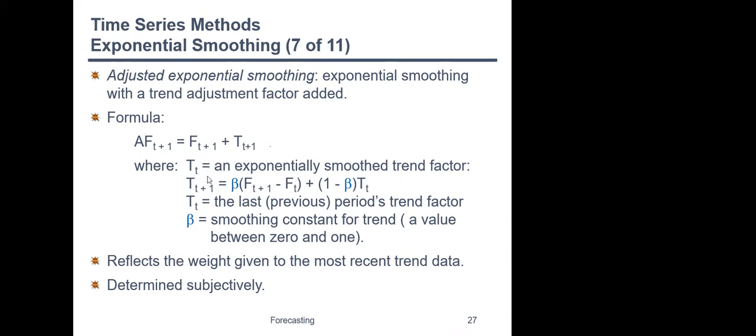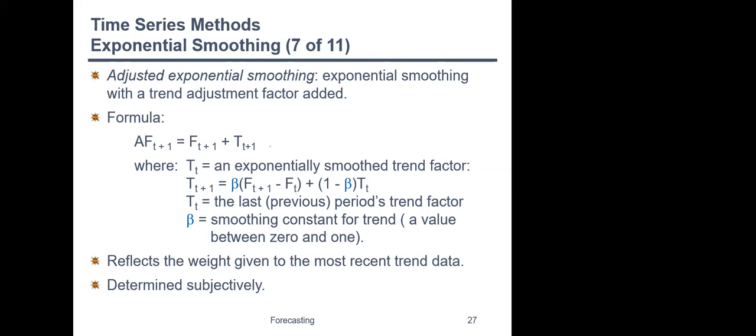So the T(T) there is basically known as the exponentially smoothed trend factor. And then the T(T+1), that's the smoothed trend factor for the next period, is giving us beta into bracket F(T+1) minus F(T), plus 1 minus beta into bracket T(T).